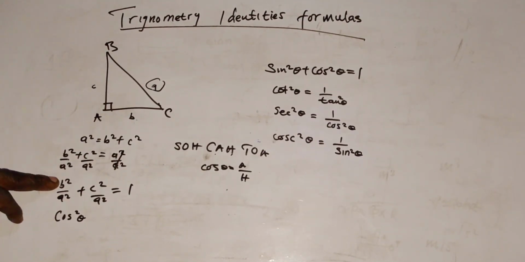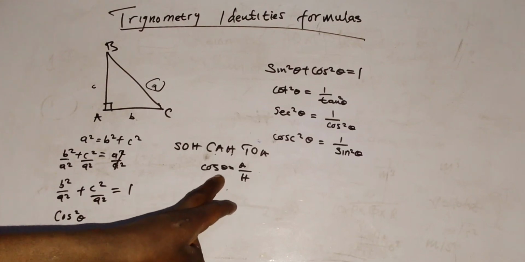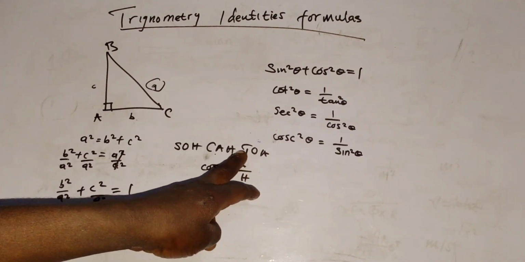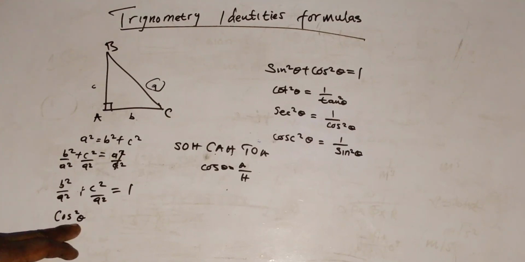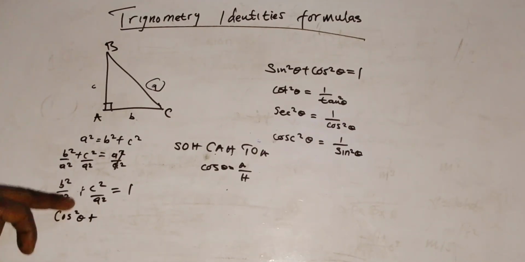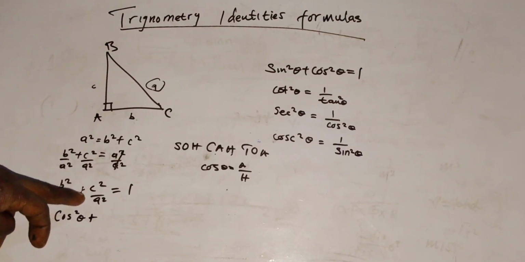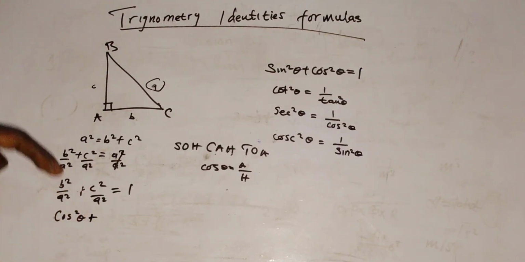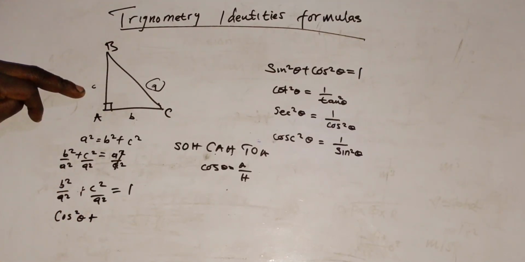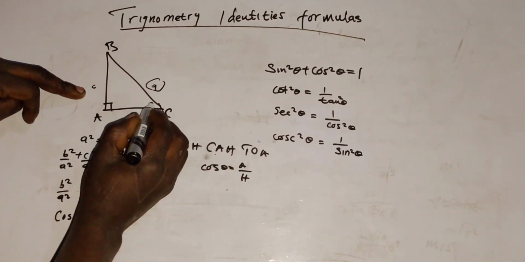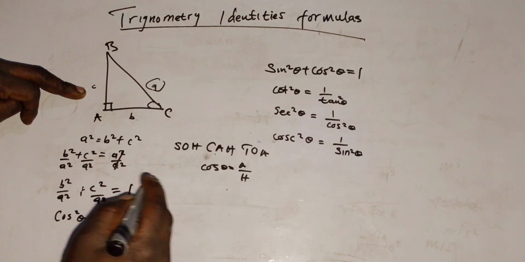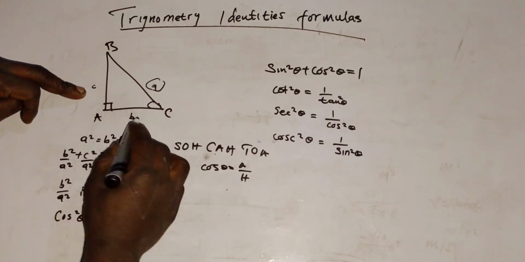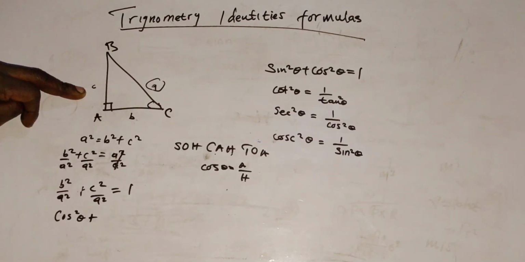So we're going to substitute b squared over a squared with cos squared theta, plus c squared over a squared, where c is the opposite.